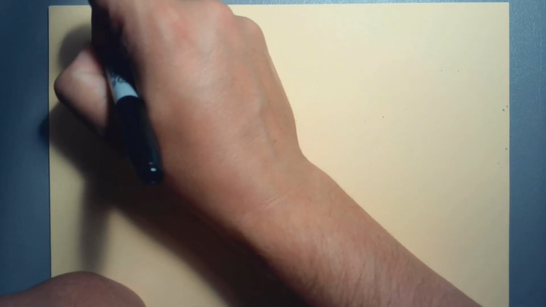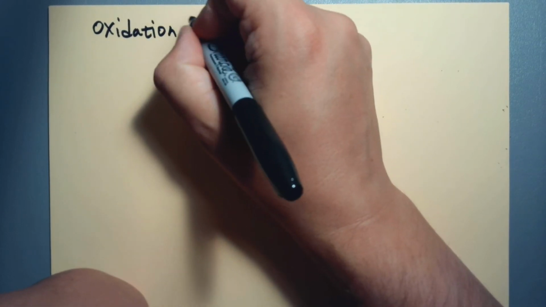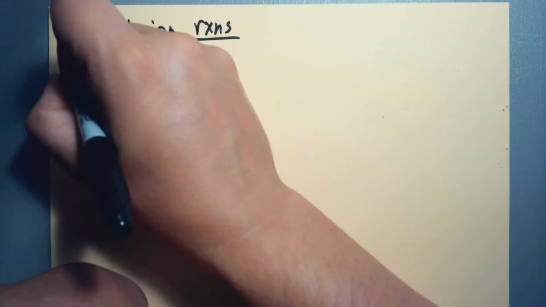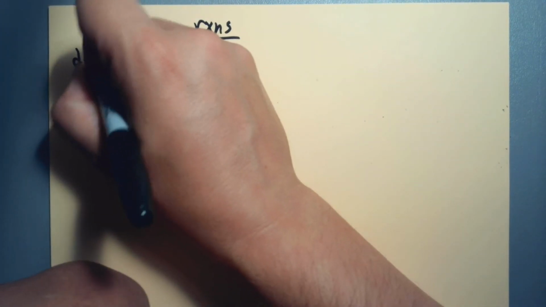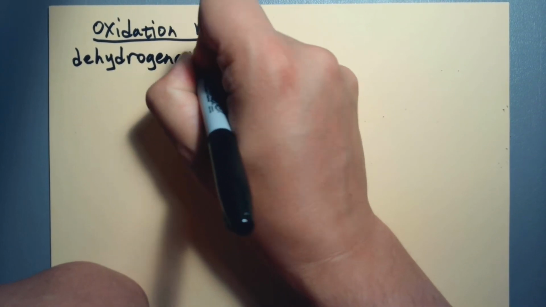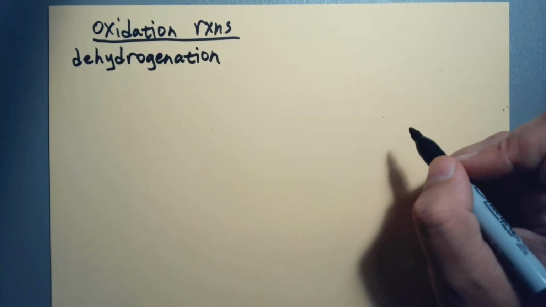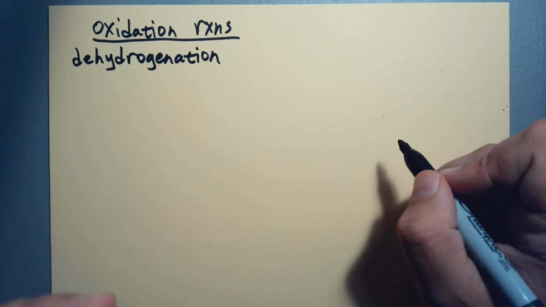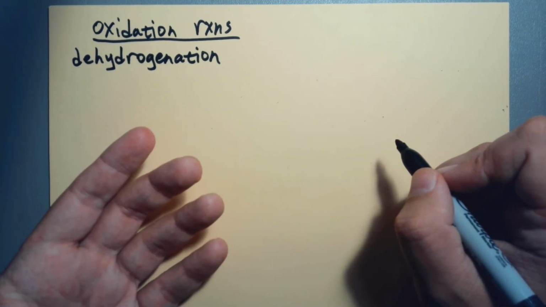So that's the first type of oxidation. There's two types of oxidation you'll need to know, and two types of reduction. We've talked about hydrogenation reactions, so you can probably guess what dehydrogenation is, and you might be able to guess what the reverse of this is. That's going to be a reduction reaction.